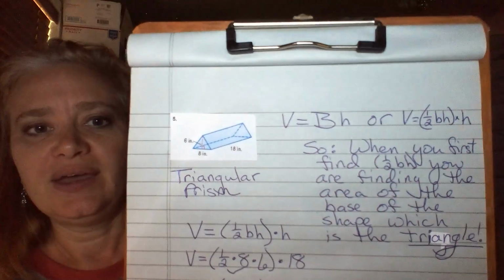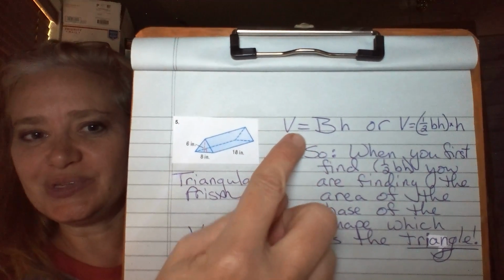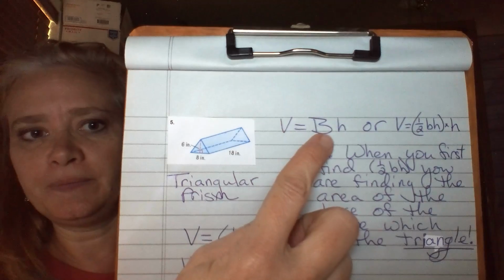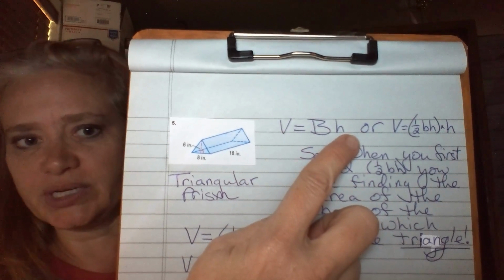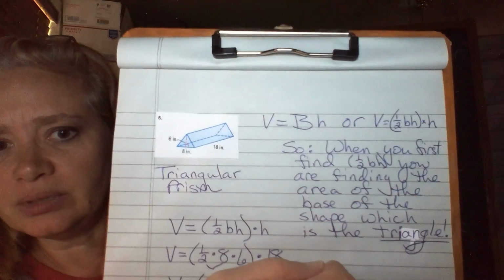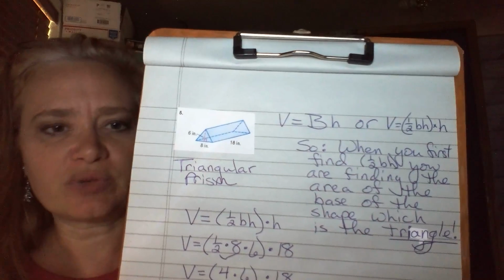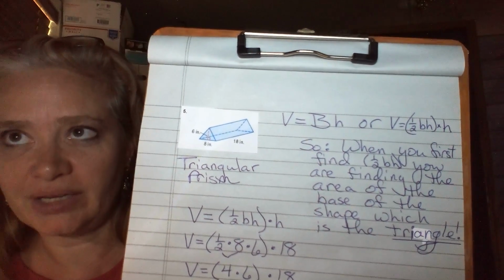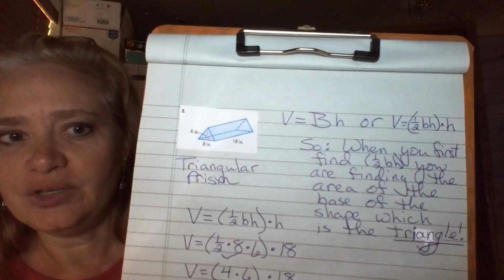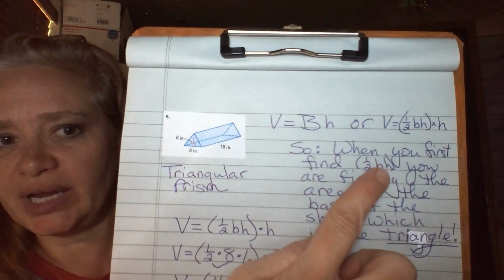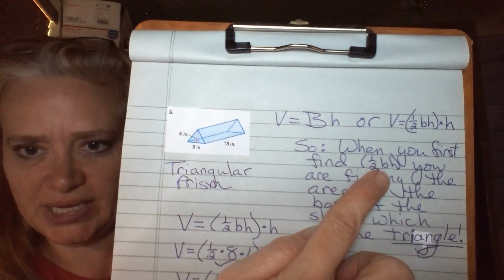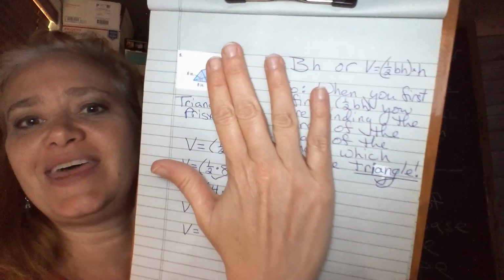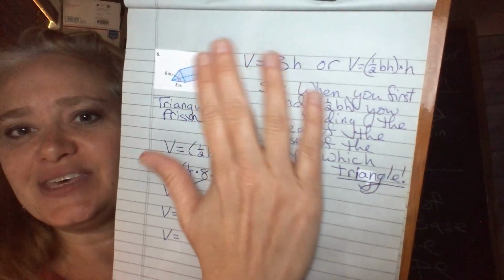I know, I know. And the formula you're going to use is the area of the base, or the area of the triangle, times how tall it is, or its height. So remember, again, repetitive Miss Reynolds here, when you're finding the area of the triangle, you first want to do the formula for the area of a triangle, or 1/2 base times height, just that little guy there.